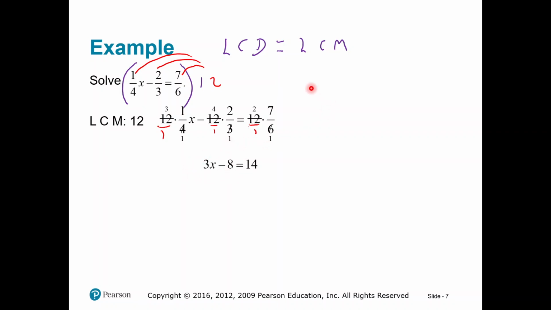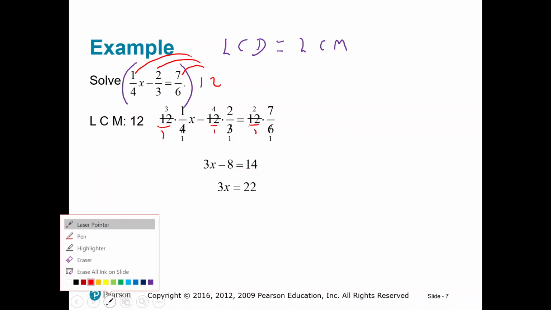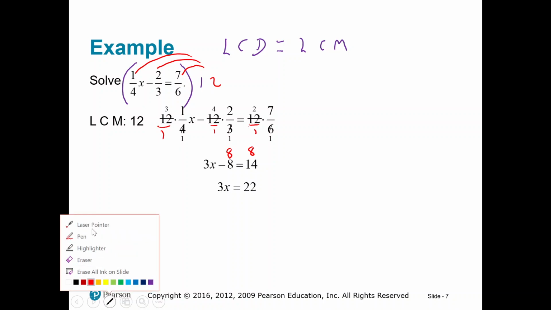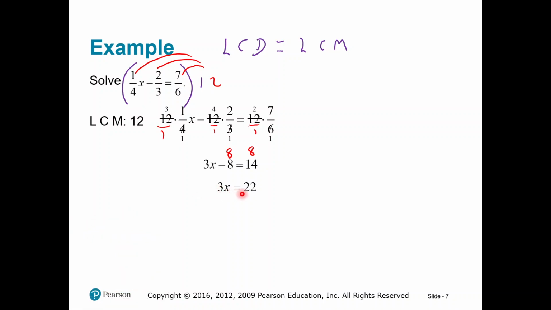All right. Now I have 3x minus 8 equal 14. Let's add 8. So plus 8, plus 8. And now 3x equal 22, divided by 3.